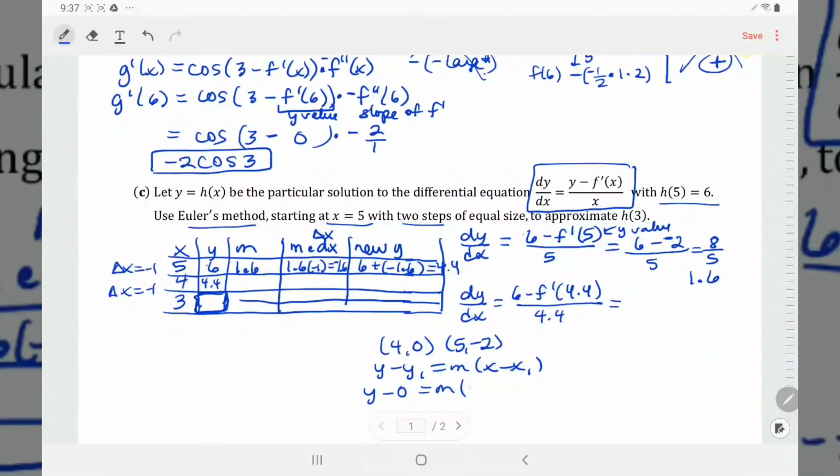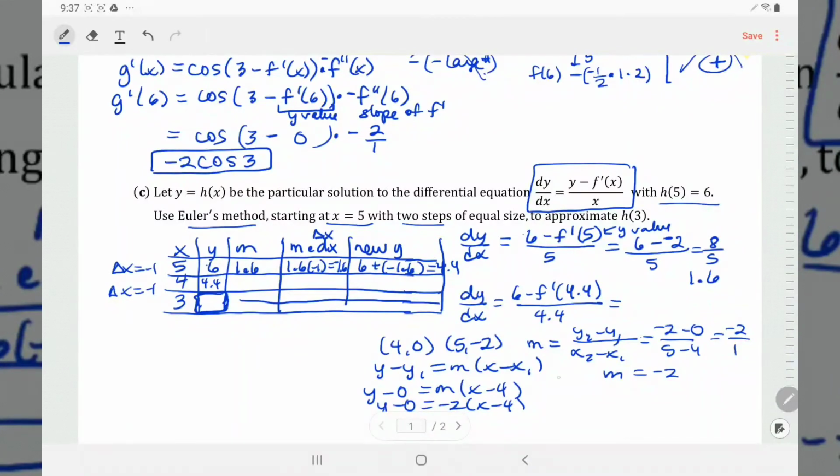That's kind of how I feel right now for you guys. M is -2, so y minus 0 equals -2 times x minus 4, and then I want to plug in 4.4. So -2 times 4.4 minus 4. Oh, it feels right maybe. -2 times 0.4, which is -0.8. Okay, so that would be the slope. That's actually f prime of 4.4 because it's a line.